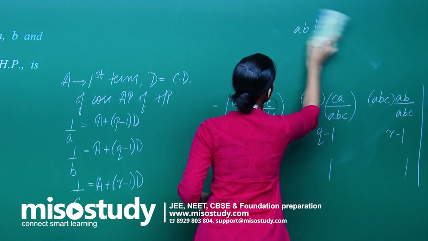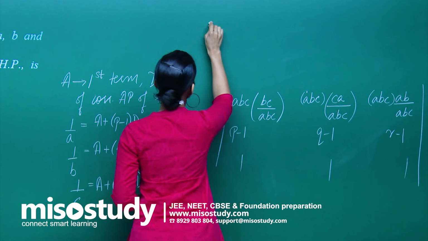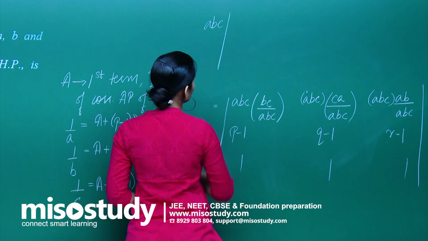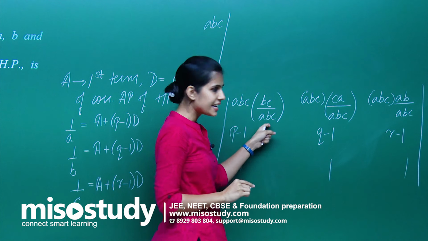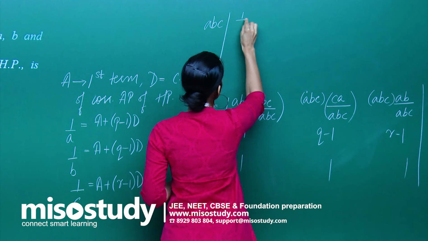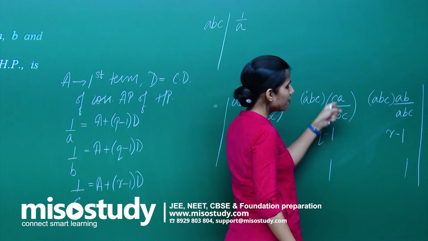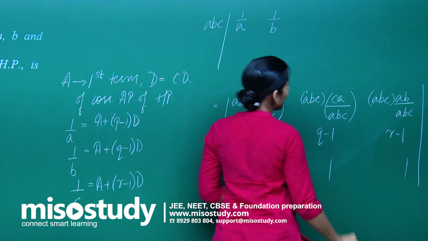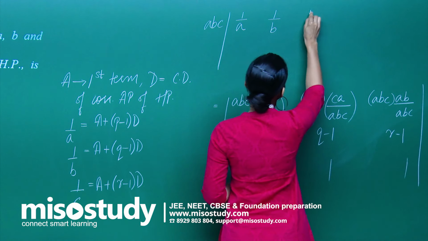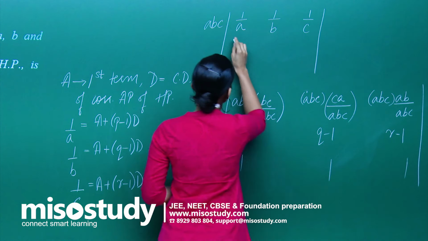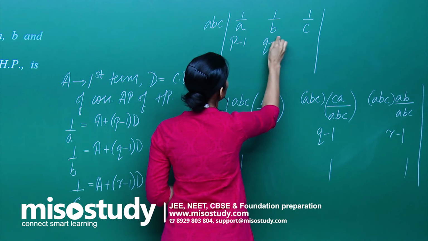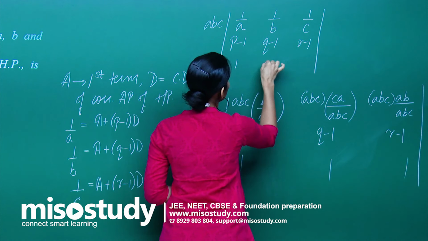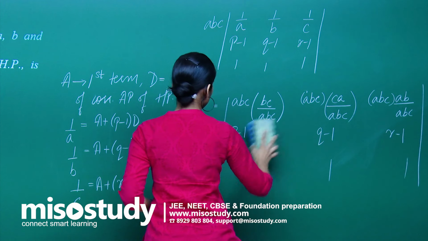You are left with bc upon abc, which is 1 upon a, ca upon abc, which is 1 upon b, and ab upon abc, which is 1 upon c. Then you have p minus 1, q minus 1, r minus 1, 1, 1, 1.